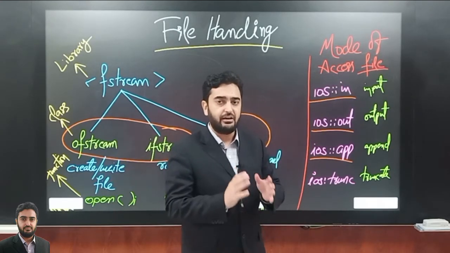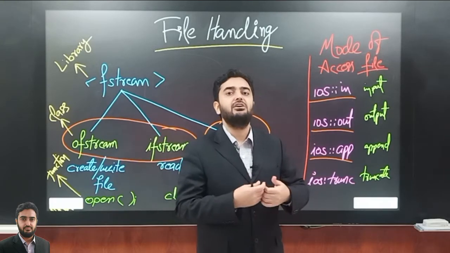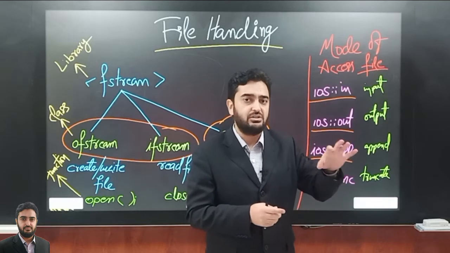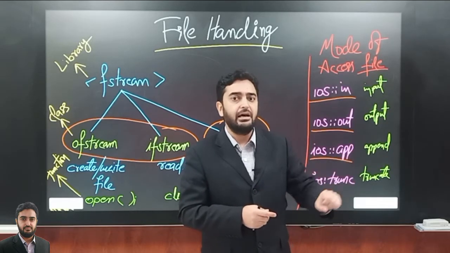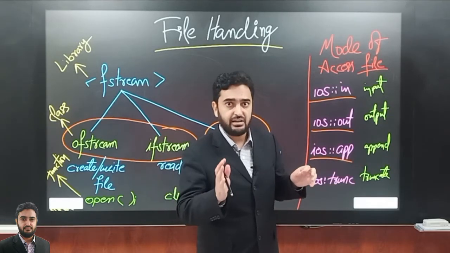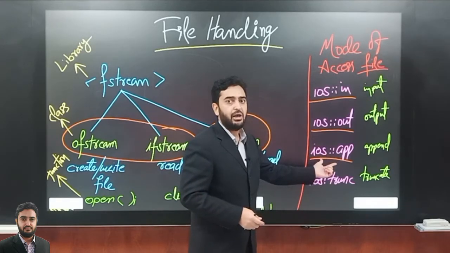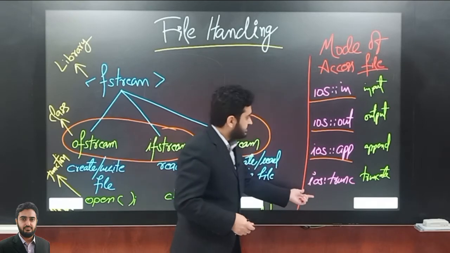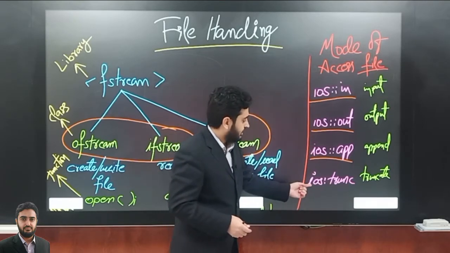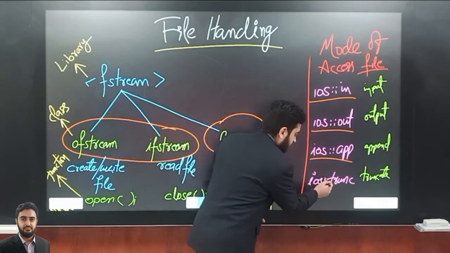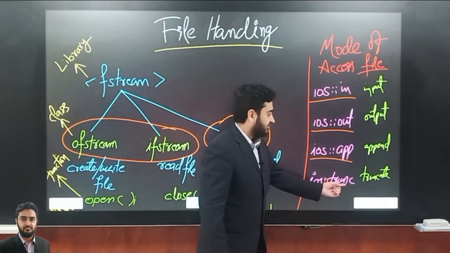Append means that if there is text already saved in a text file, we don't want to delete that text or data, and we want to append the data at the end of the file. So you may use this option while opening a file. Then there is another option, ios double colon trunc.